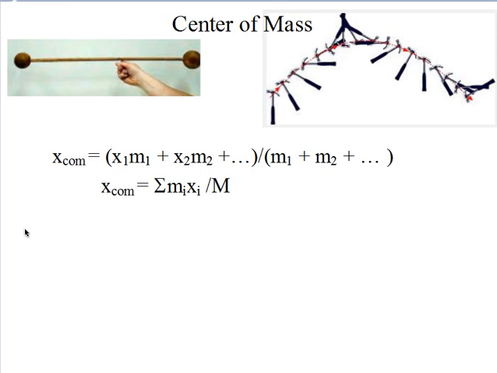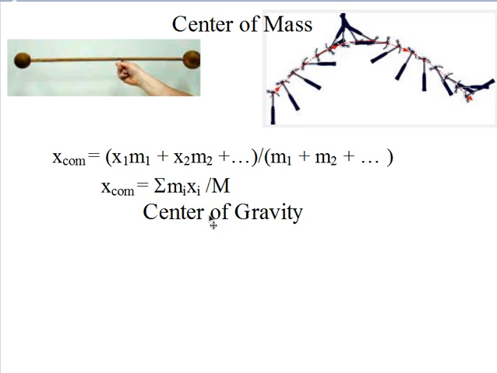The center of mass is very analogous but not identical to center of gravity. Here you're taking all the locations of all the masses and weighting them by how much mass is there.